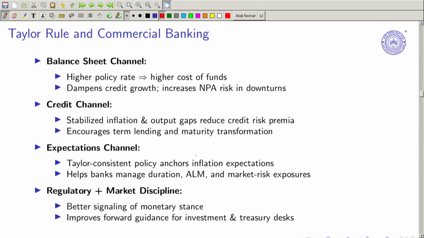Because if your IRR is, suppose, 8% and your borrowing is 10%, the project becomes unviable, right? Because this is what we often get. The credit channel, in the sense that once we have stabilized inflation and output gap, then if you have a high interest rate, we know that borrowing will be lower, and this will further create trouble for the banks, those who are going to lend.